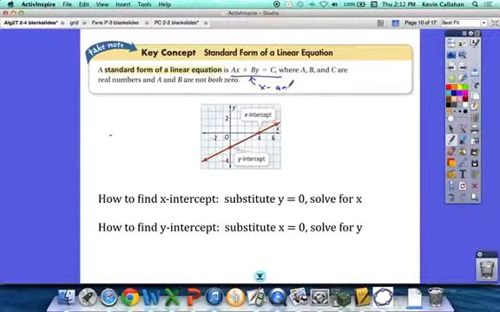You always write the x term first. For our purposes, what's useful about this form of the equation of a line is that it makes it very easy to graph by finding the x-intercept and the y-intercept.